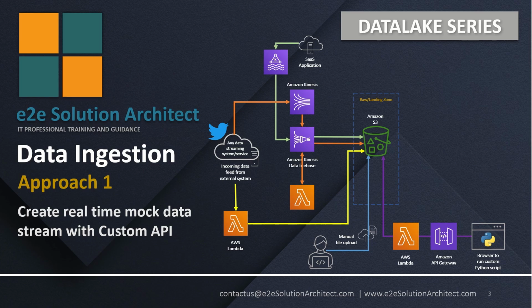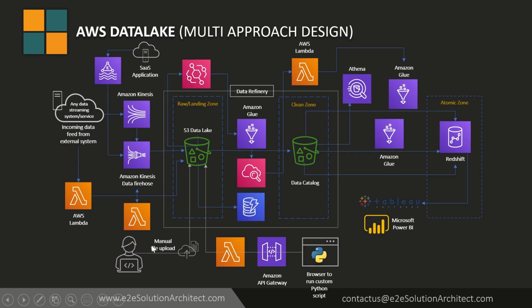So as you see, as a part of our data ingestion, we have this big complex architecture. But in this session, I'll be covering approach 1, which is to create a real-time mock data stream with a custom API.